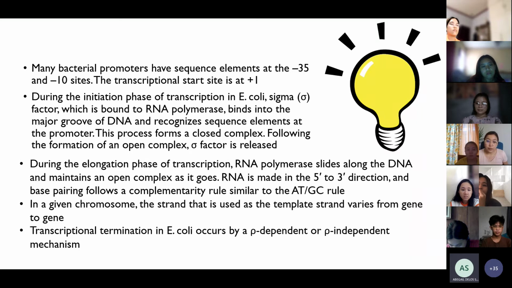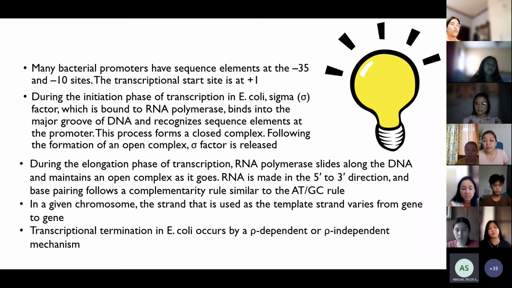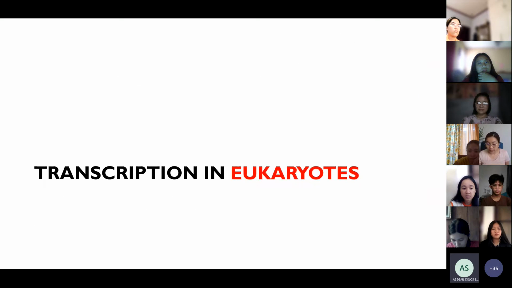And this would form our complex, wherein we would follow to have our open complex and would release our sigma factor to proceed with the elongation phase, until such time that we reach our termination phase as well.